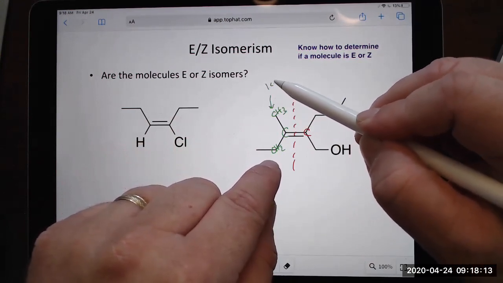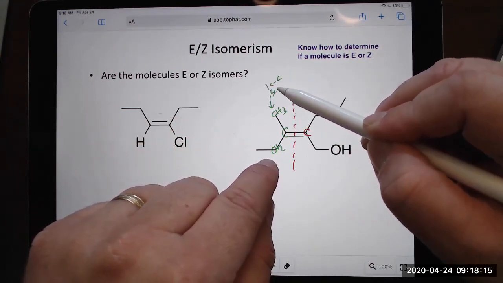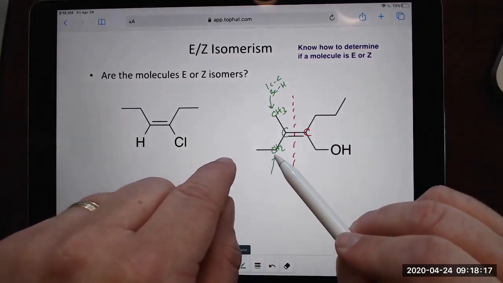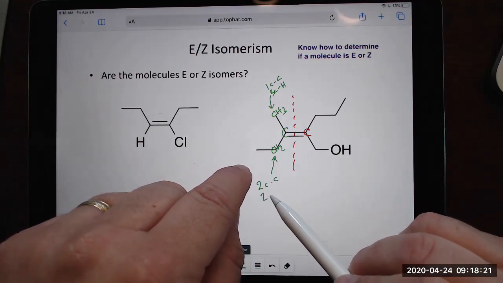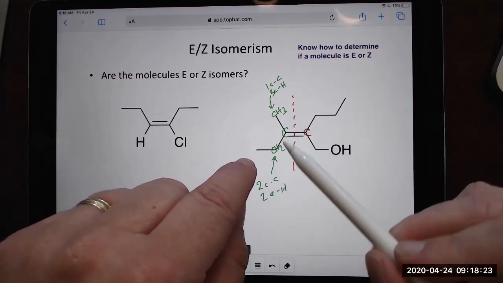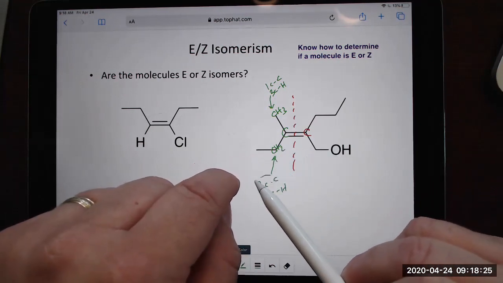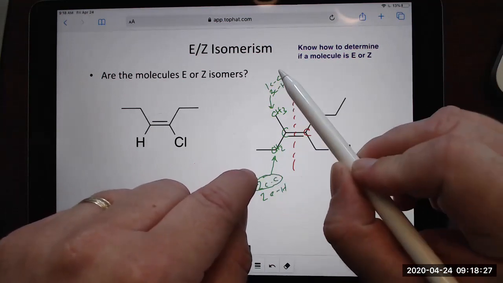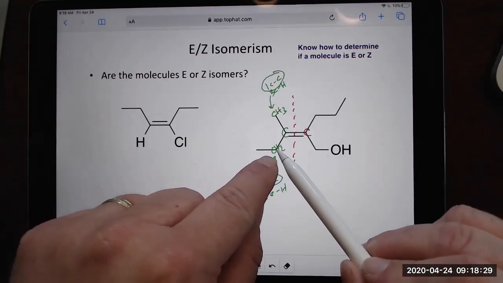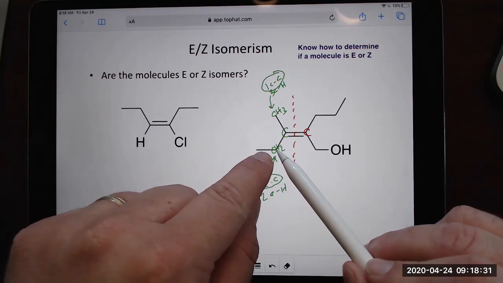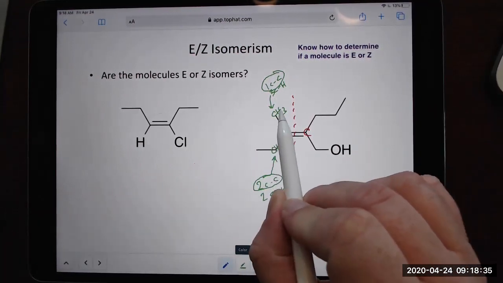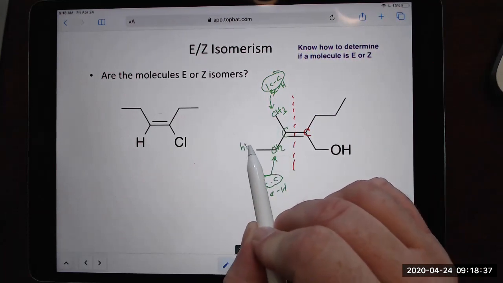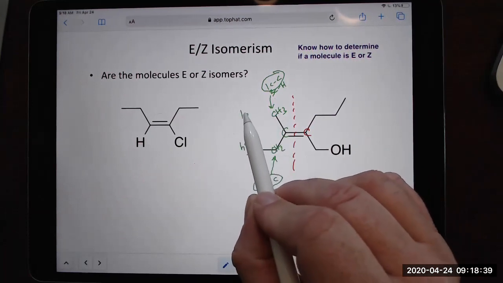This has one carbon, 3 CH. That one has 2 carbon, 2 CH. So the heaviest bond for both of them is carbon-carbon, but this one is heavier, and so this one is going to be the high. This is going to have a higher priority than that one. So put the high and the low.